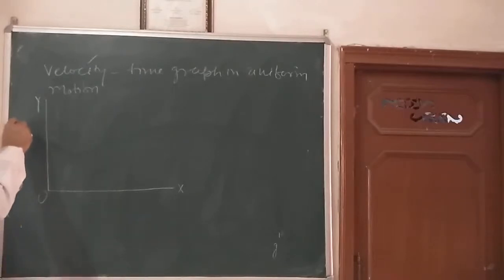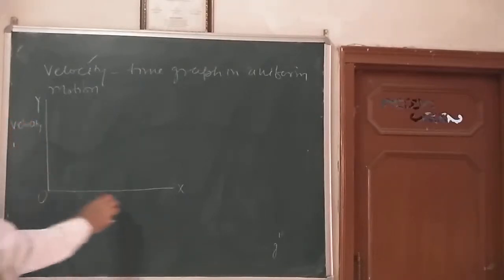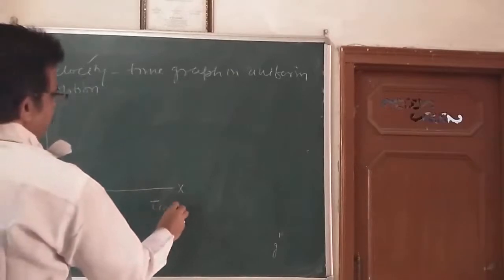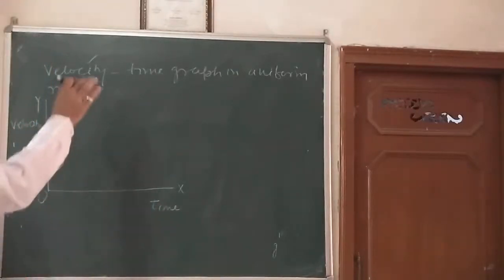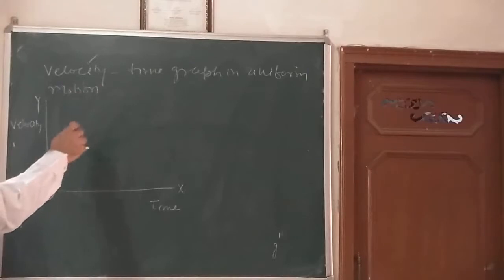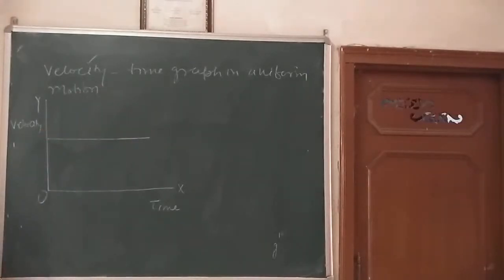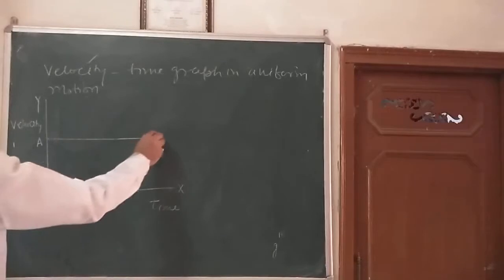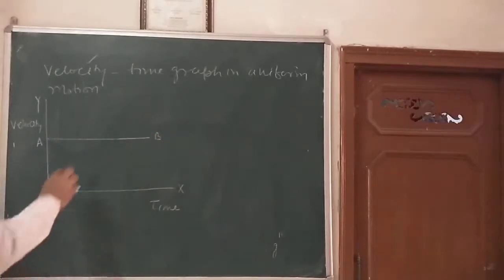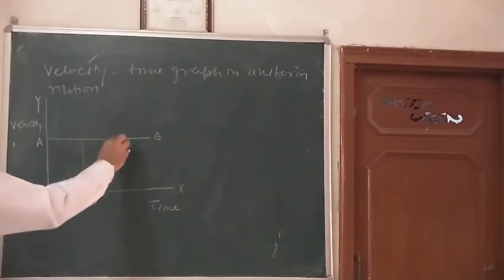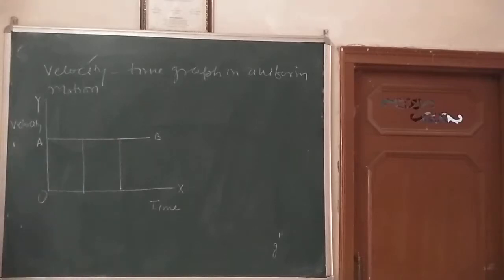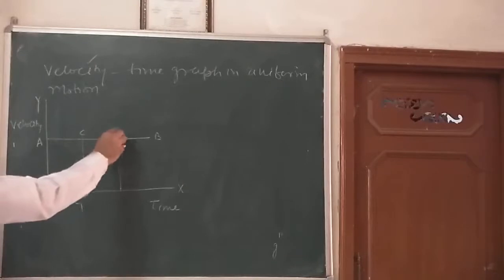Here it is the velocity and here it is the time. Velocity does not change. Suppose here it is the graph between velocity and time. Say this is the point O, here is a point A, here is a point B. Take two points here, say this point is C, here is C1, here is D and here is D1.